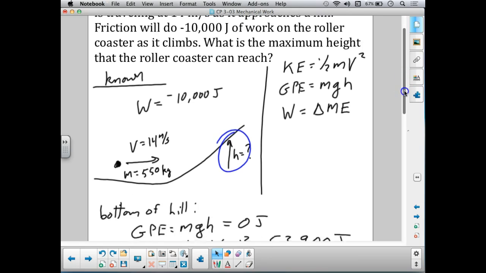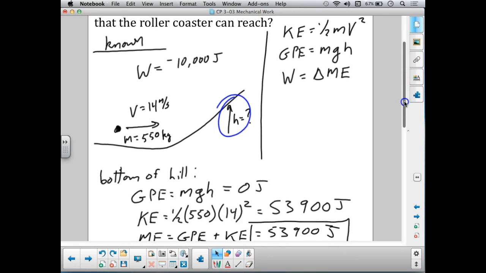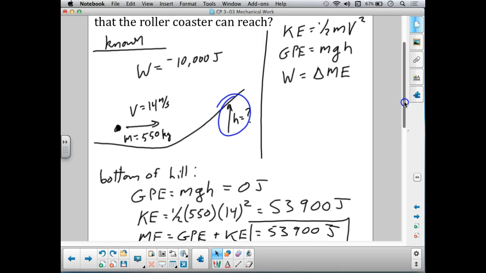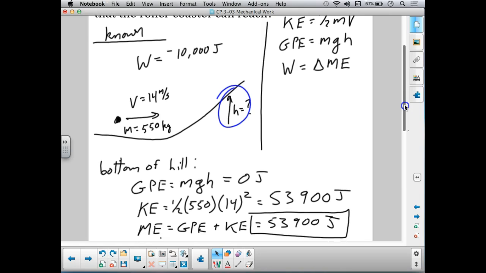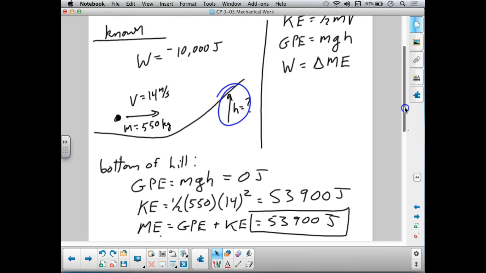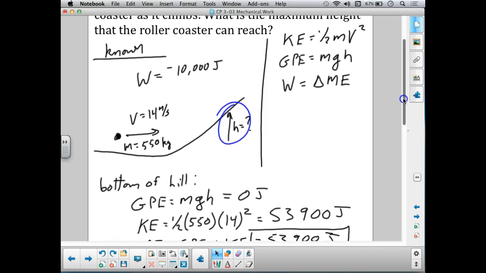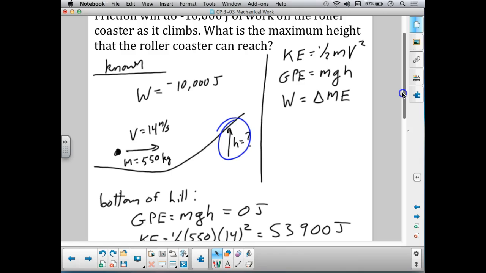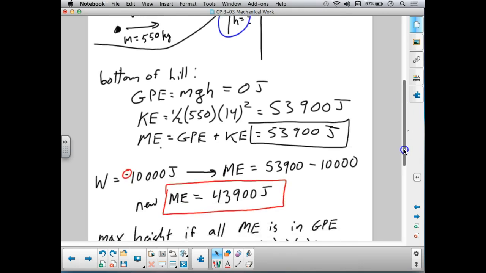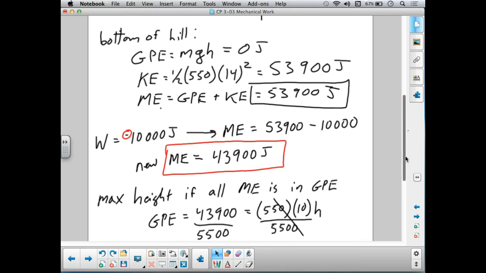Step 1, I read the problem to figure out what I knew. I wrote down my knowns, including my velocity, mass, the amount of work done by friction, and what I was looking for, the height. I wrote down the relationships that I would be using. Then, after I had those in equation form, I started with how much mechanical energy I had at the bottom of the hill.